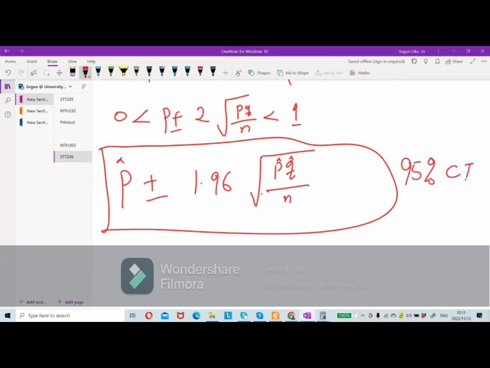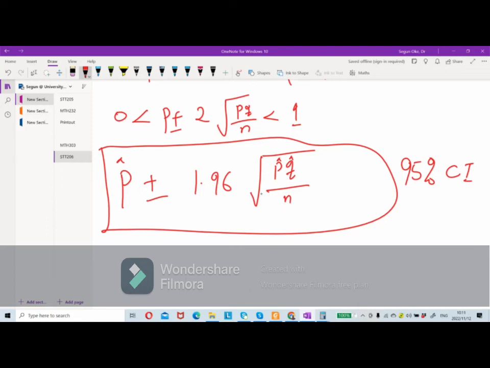So we are just checking what will happen at 95% confidence interval if you have something like this. Am I communicating now?